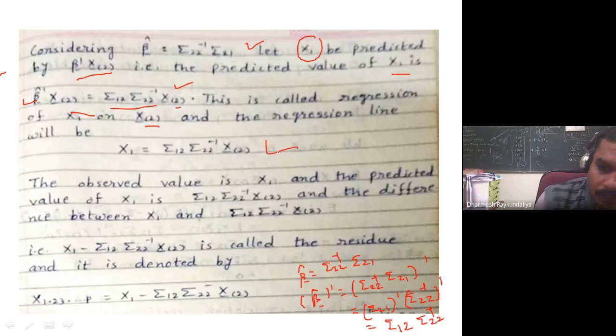The observed value of x is x1. So what is the observed value? The observed value is here x1. And what is the predicted value? The predicted value is given by this quantity.